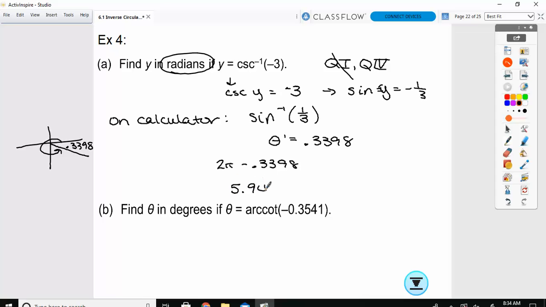And so we get 5.943. Does everybody understand how we got that?